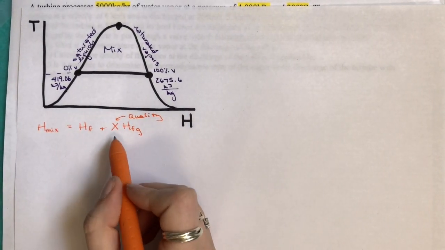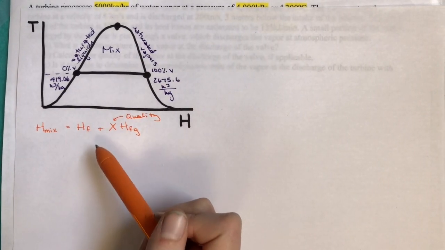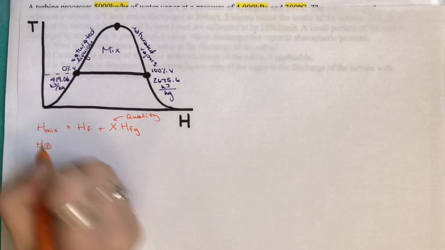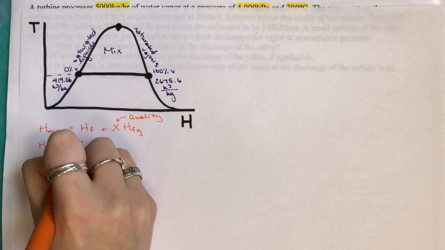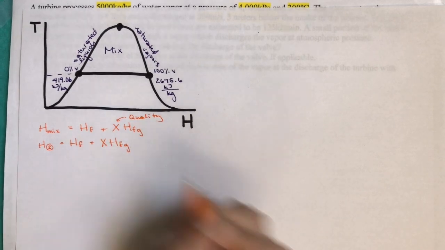This HFG is the evaporation enthalpy. Now we want the H at position 2, and we're going to say that's equal to HF plus X times HFG.